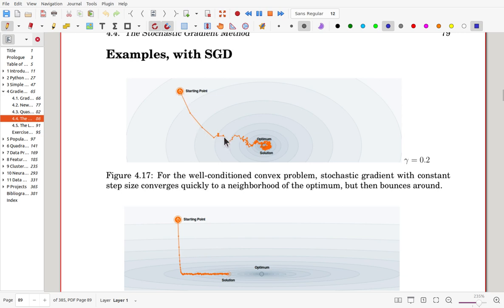There are only two components, the x direction and the y direction, randomly chosen, and the iteration is going on here. It goes very fast in the beginning, but later on the iterates bounce around the minimum.